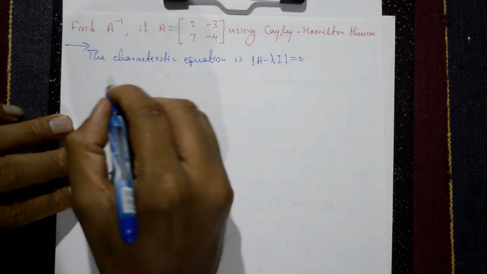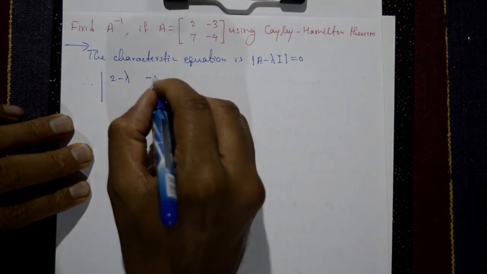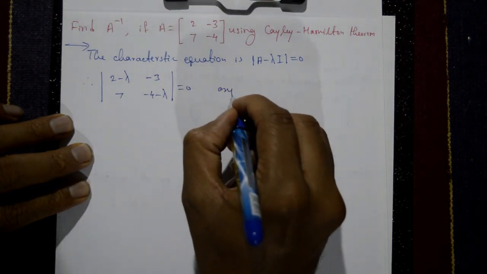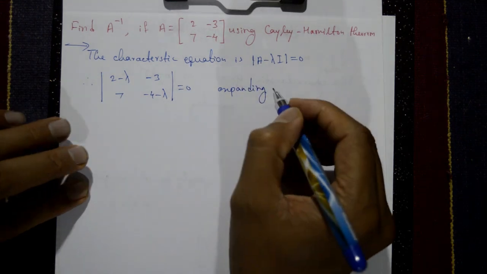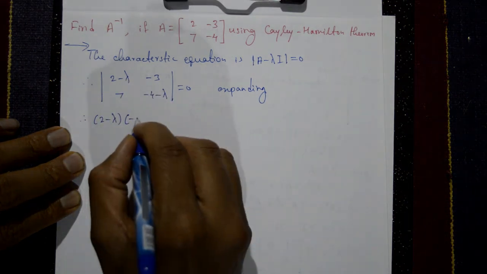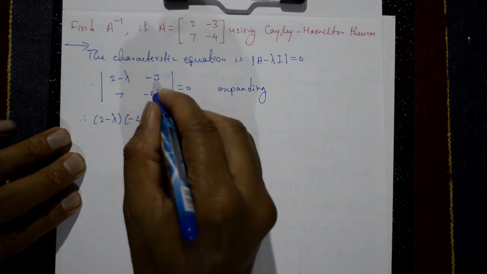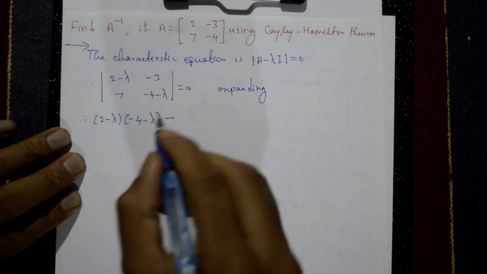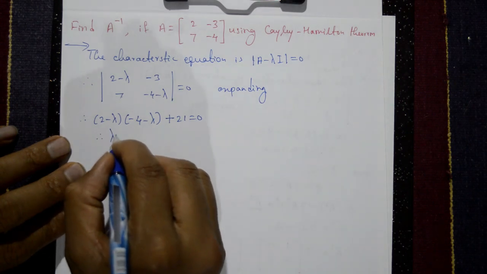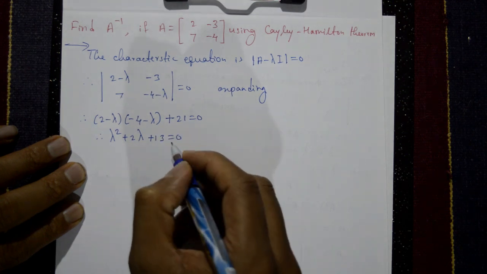So write the determinant, take minus lambda diagonally: 2 minus lambda, minus 3, 7, minus 4 minus lambda, equal to 0, and expand it. (2 minus lambda) into (minus 4 minus lambda), then minus sign, minus 3 into 7 is minus 21, means plus 21, equal to 0. Open the bracket, we get lambda square plus 2 lambda plus 13 equal to 0.